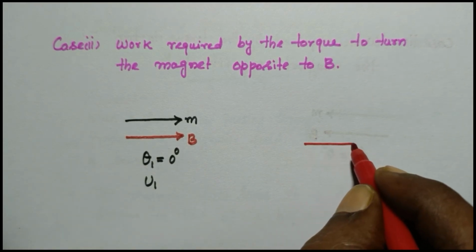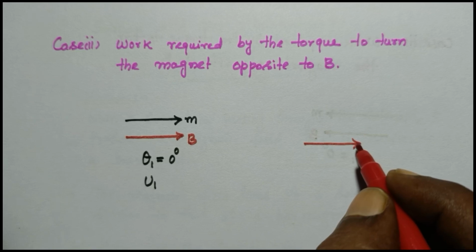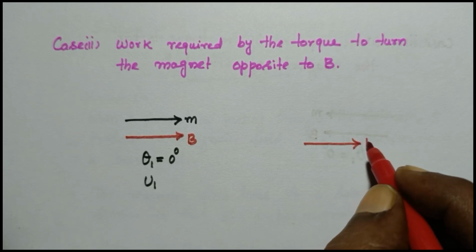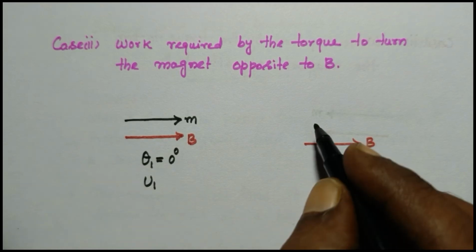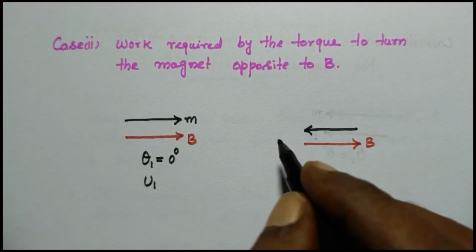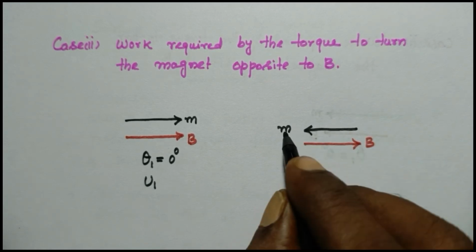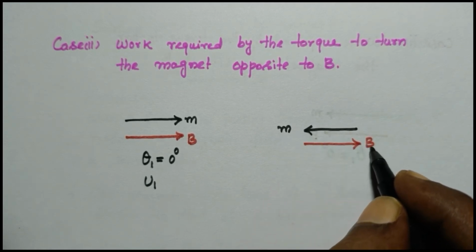Because of the external torque, the magnet is turned in such a way that the magnetic moment is opposite to the direction of the field. So the external torque turns the magnet in such a way that the magnetic moment is opposite to B. M and B are opposite to each other.